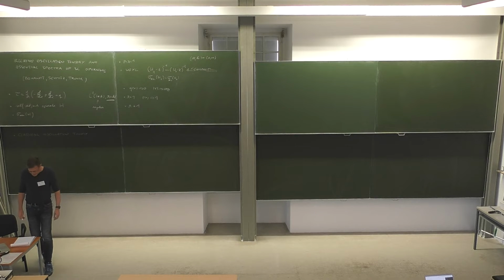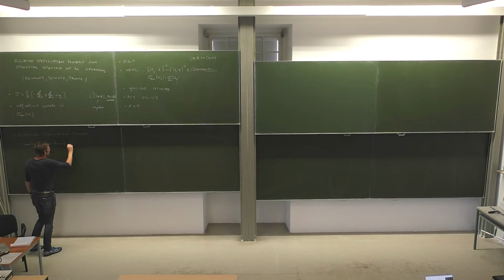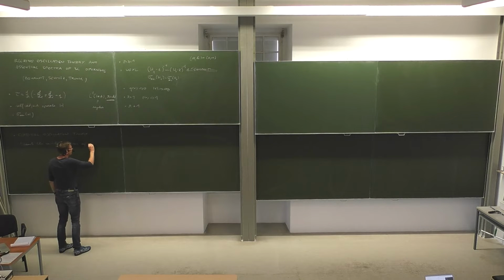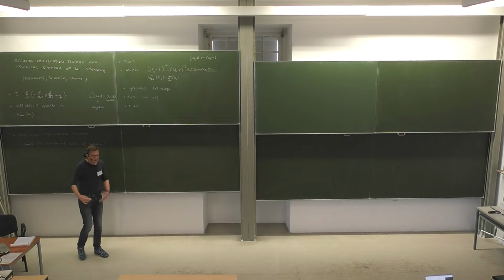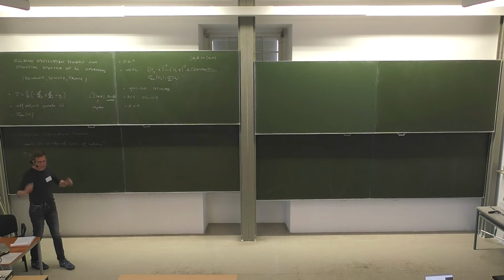Now, what is the idea? The idea in some sense here is to count the number of zeros of solutions. So what do I mean by that? Okay, we have our differential equation. This is tau, and we pick some spectral parameter lambda. So we look at solutions of these eigenvalue equations.